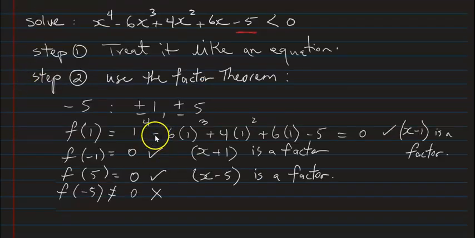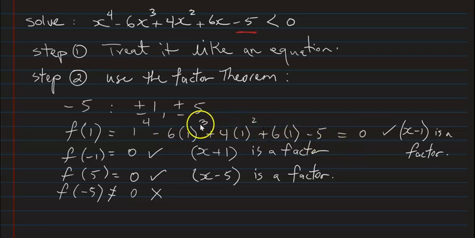I went ahead and used the factor theorem for each one of these: 1, -1, 5, and -5. When I plug in the possible factor and f of that possible zero equals 0 when you do the math, then x equals 1 is an x-intercept, and in this case it is.